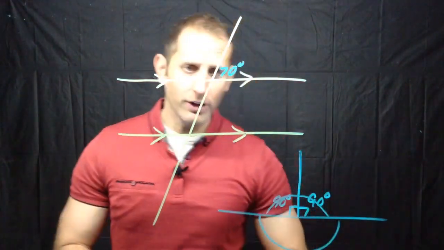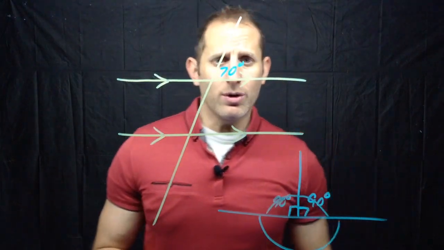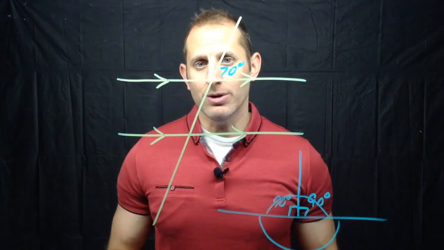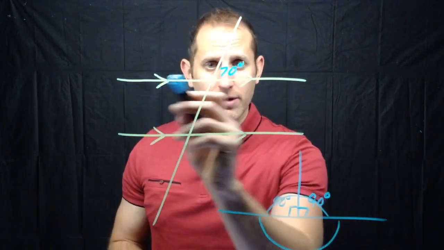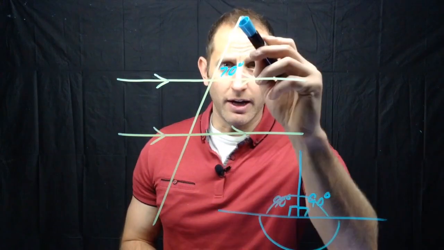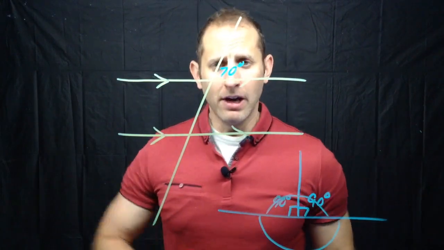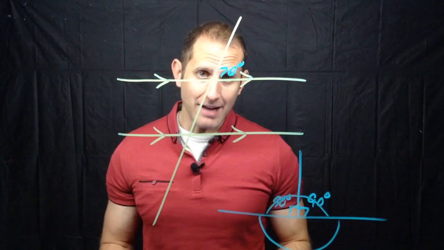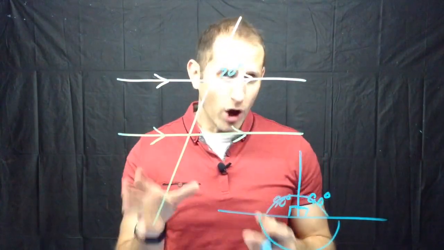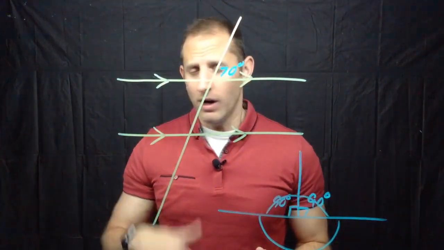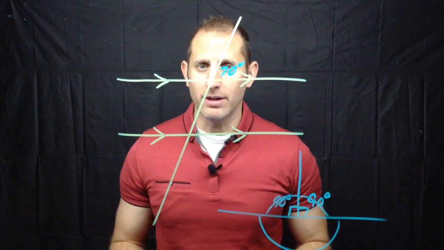And if you take a look at our shape, if we go back to the shape, you can see that we have supplementary angles everywhere on the shape. This is a straight line, this is a straight line, and this is a straight line as well. So it allows us to take a look at this shape, and as long as we can remember that we have straight lines, we'll be able to solve everything that we need to know.